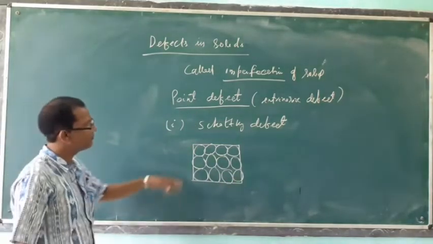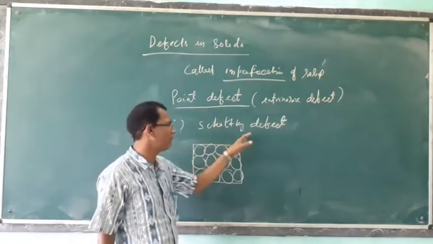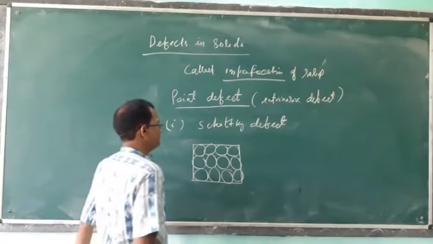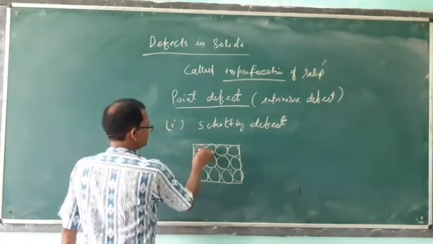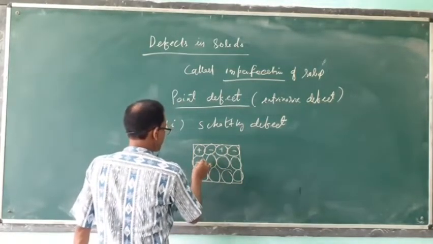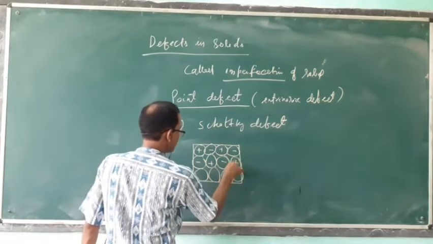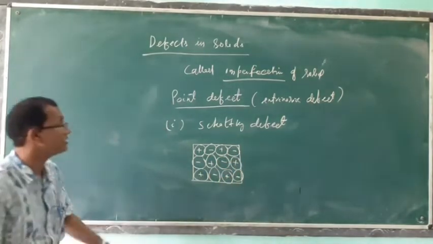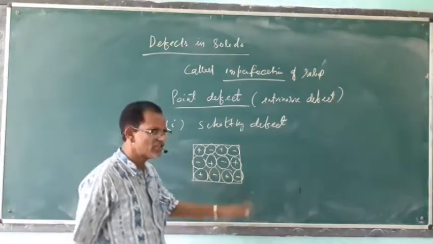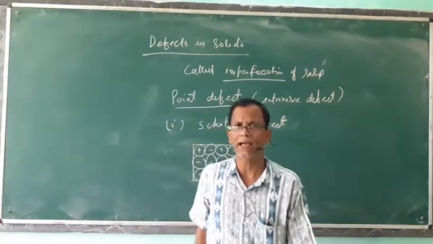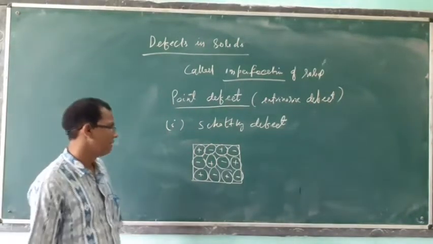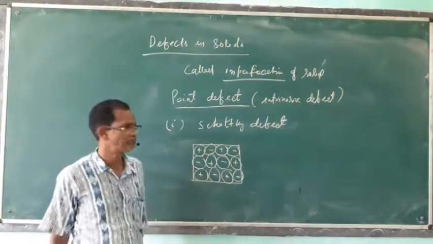This type of defect, Schottky defect, is observed in case of ionic compounds where the sizes of cation and anion are comparable, means similar.